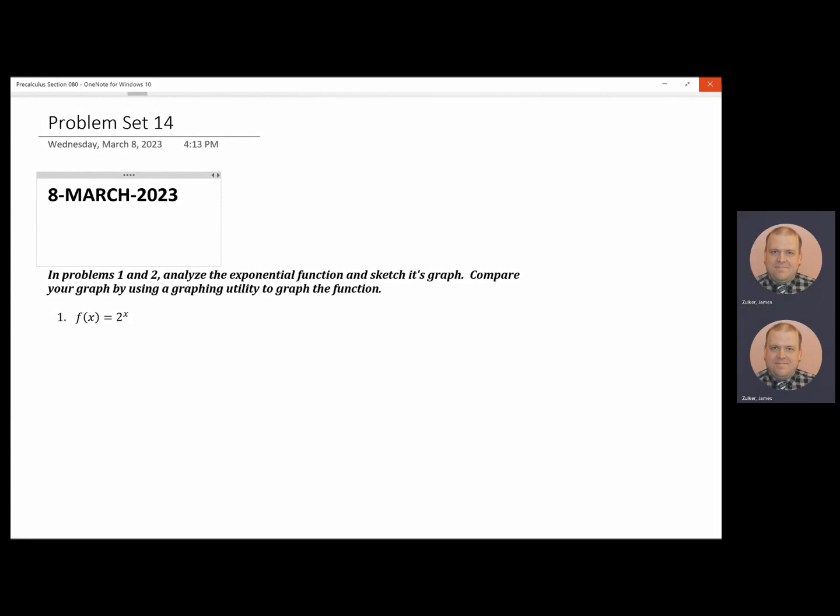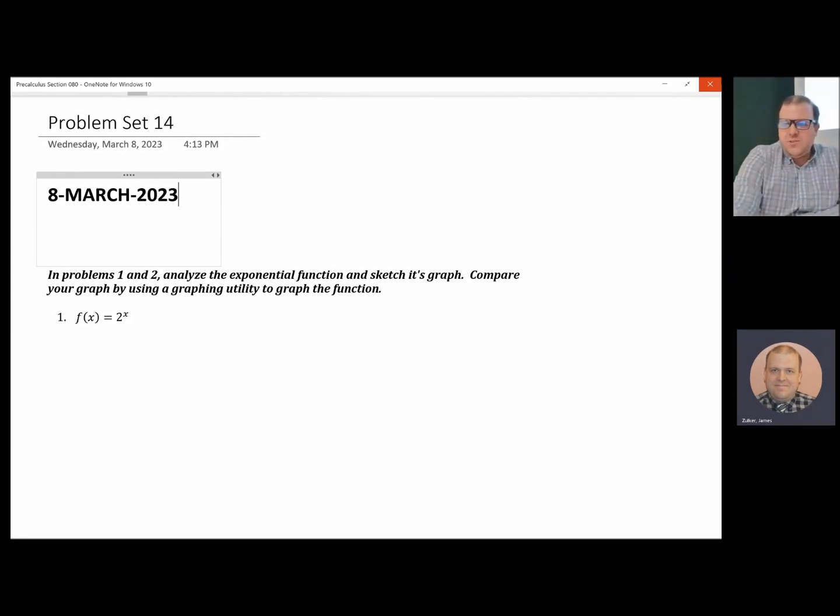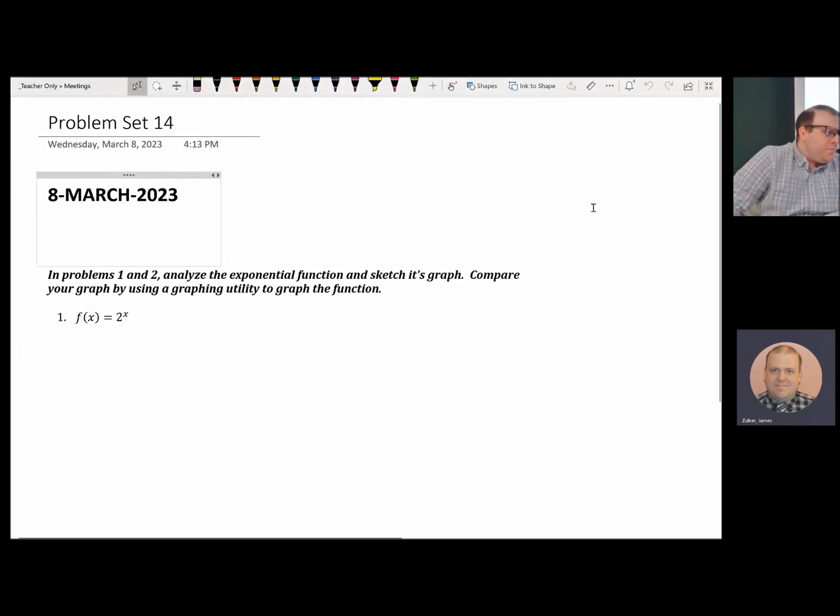Okay. So we just finished looking at polynomial functions and rational functions. So now we're looking at exponential functions and logarithmic functions, starting with exponential.